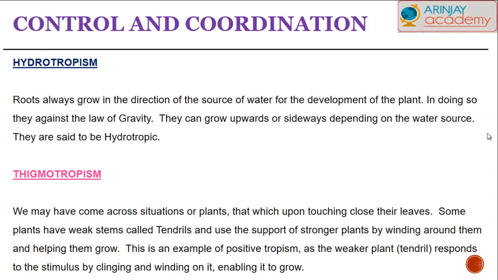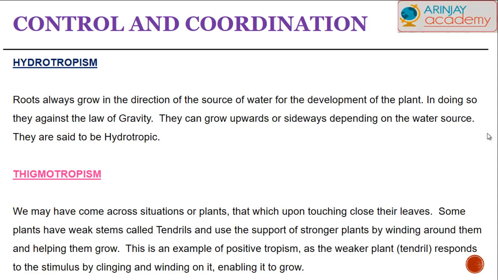Thigmotropism. We may have come across situations where when we touch a plant, its leaves automatically shut. Certain plants are weak, like creepers. For example, we call them tendrils as they have a tendency to grow onto other plants for support and to help them by winding up around them.